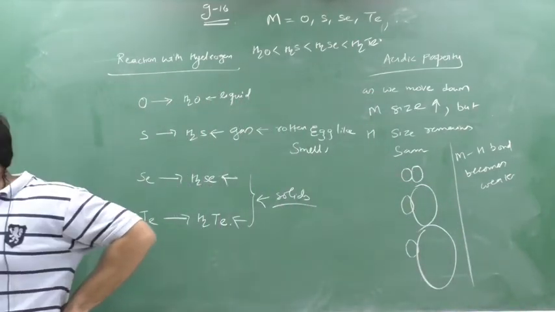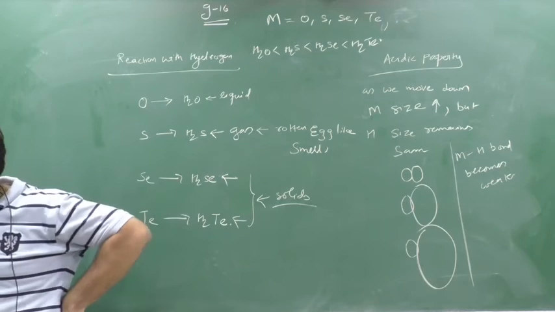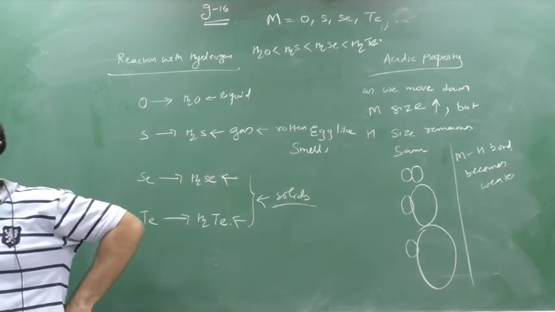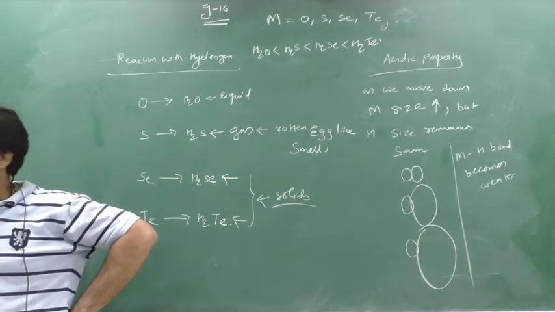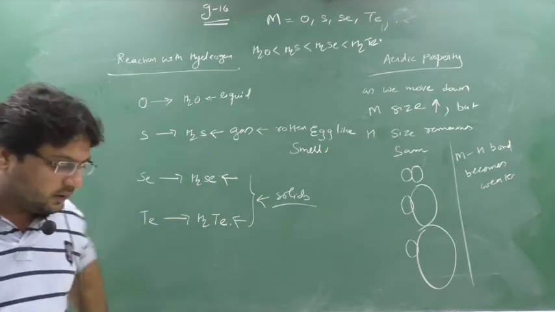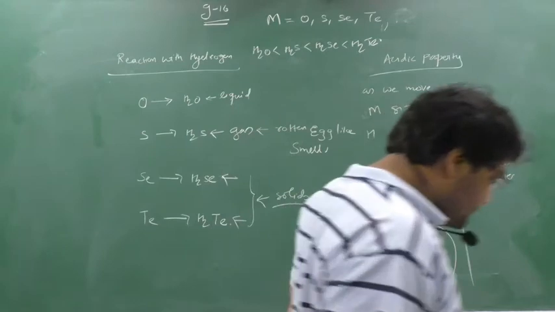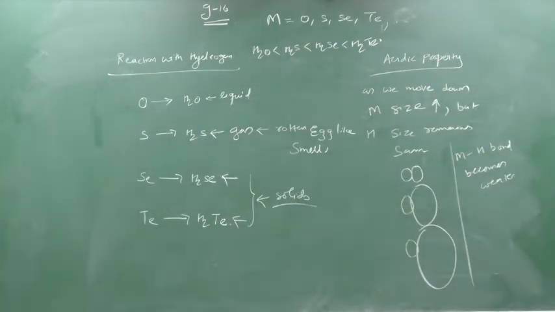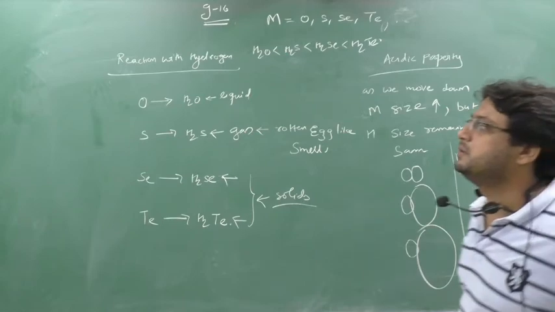Write down: acidic property of this hydride increases moving downside the group because the MH bond becomes weak moving downside the group. When the MH bond becomes weak moving downside the group, the removal of hydrogen becomes easy.